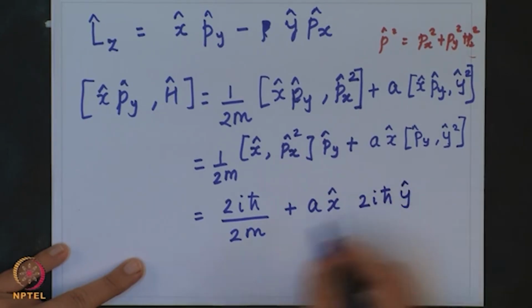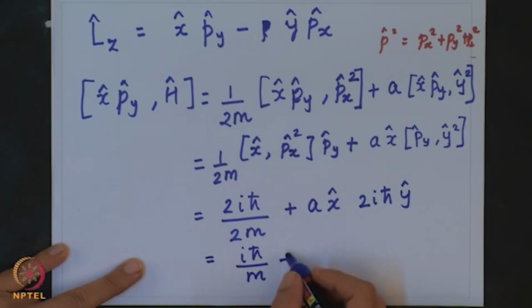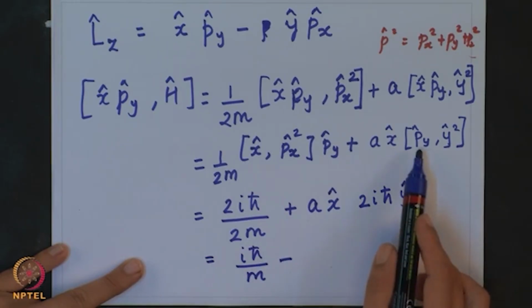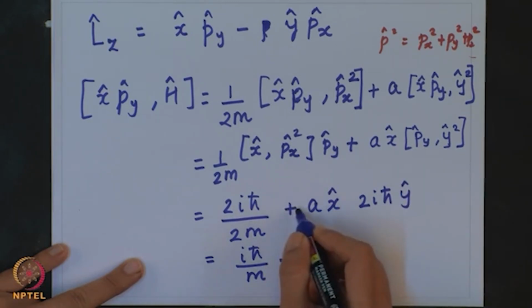On simplification I get i h cross upon m plus, and here I have to be very careful, y square px will give me i h cross, so I will have a minus sign over here.